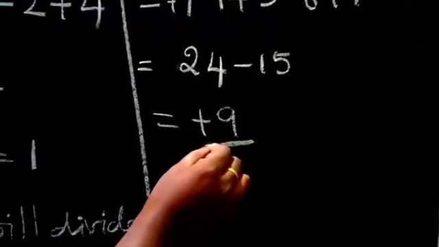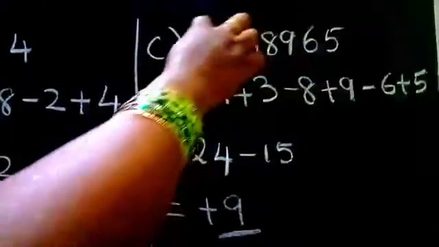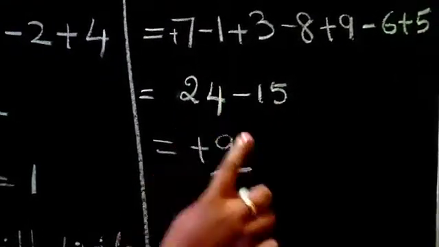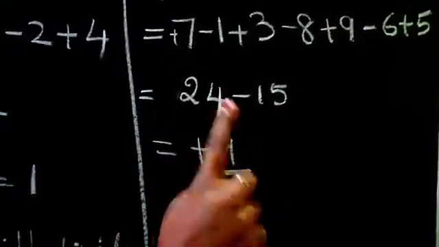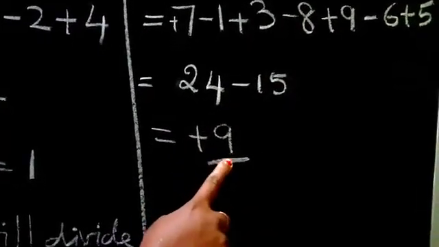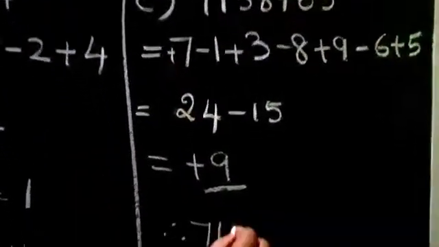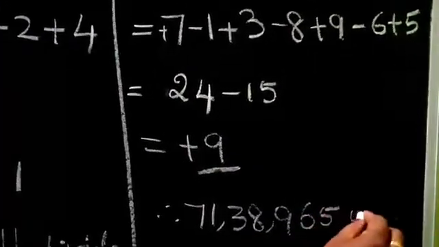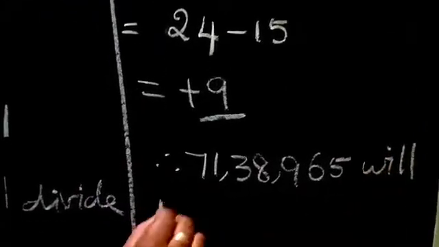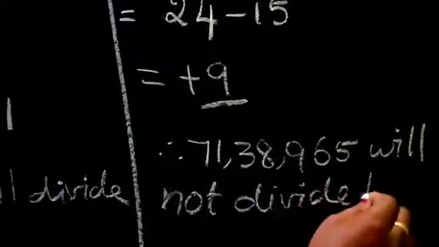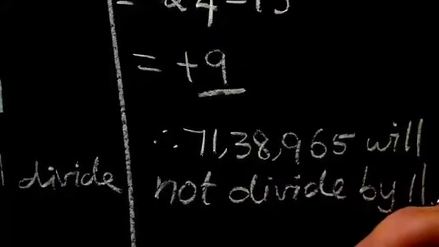So plus 9 means it will not be divisible by 11, because the result should be 0 or divisible by 11, but 9 will not divide by the 11th table. Therefore this number, 71,38,965, will not divide by 11.